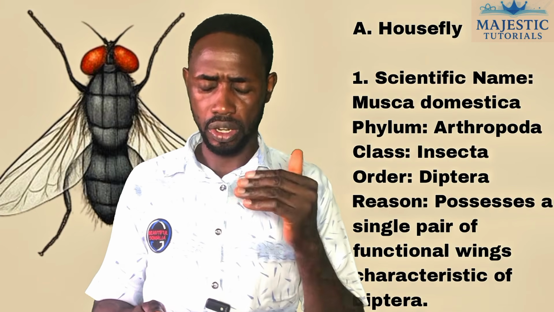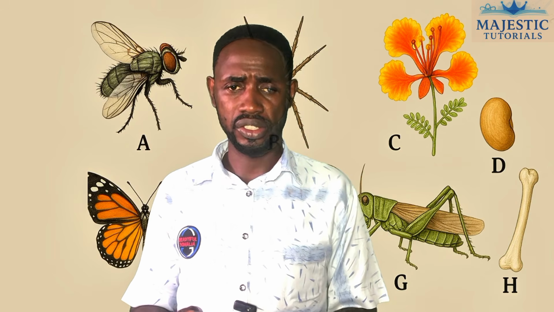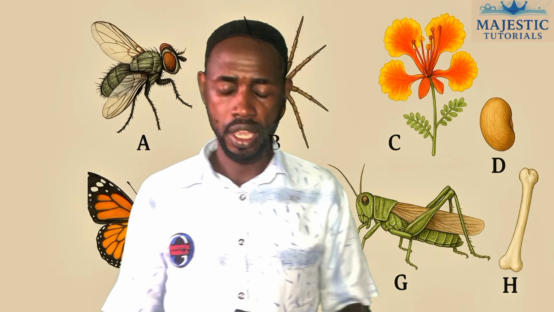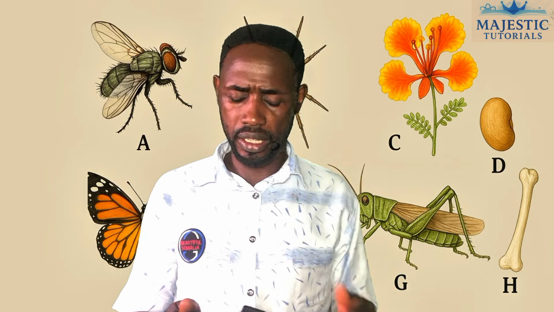Now, what are the economic importance of this housefly? At least number one, it transmits diseases such as cholera and also typhoid. It can be an agent that transmits the parasites that cause cholera and typhoid. Then it contaminates food and our cooking utensils. It makes our environment filthy.